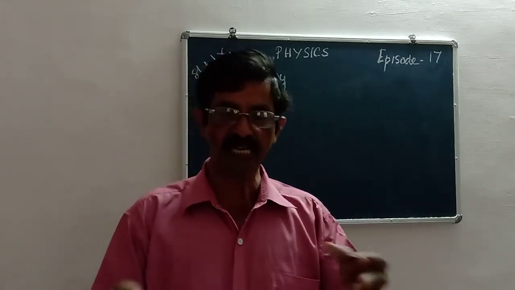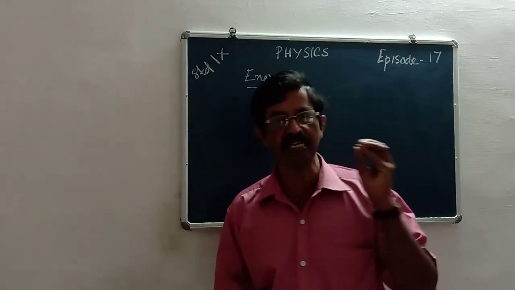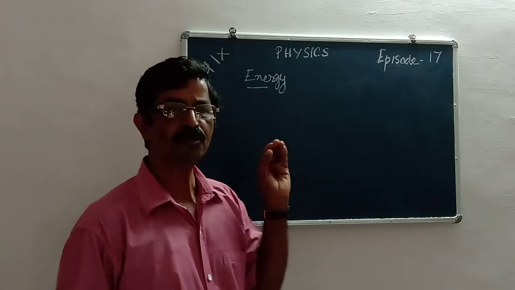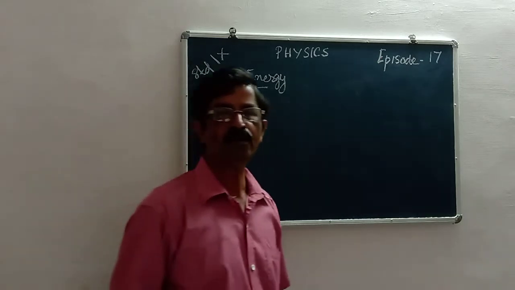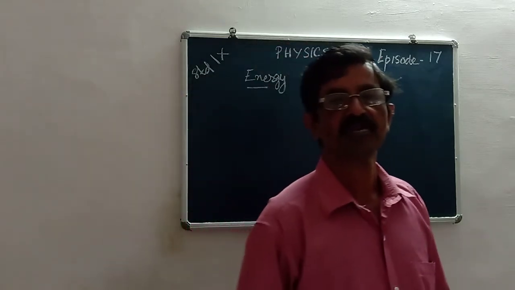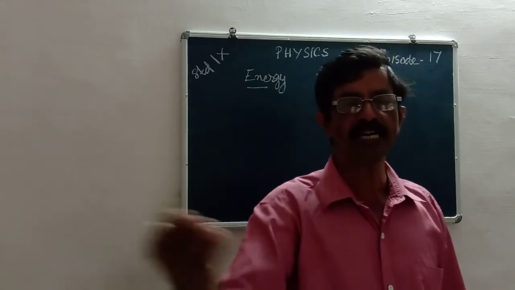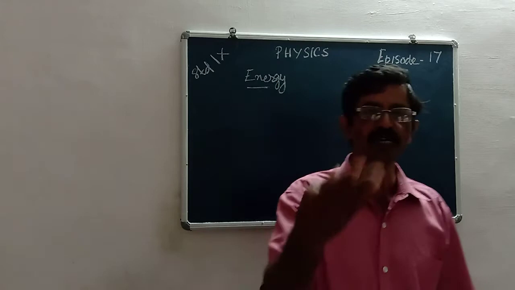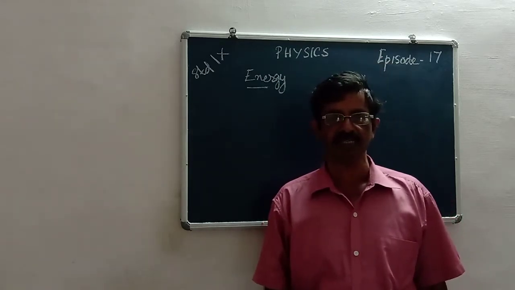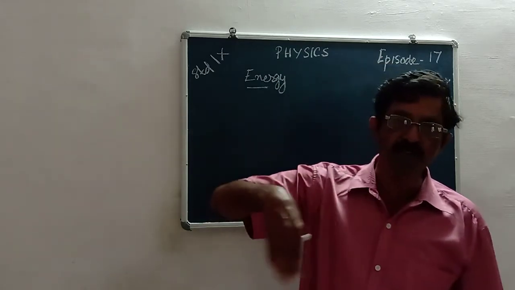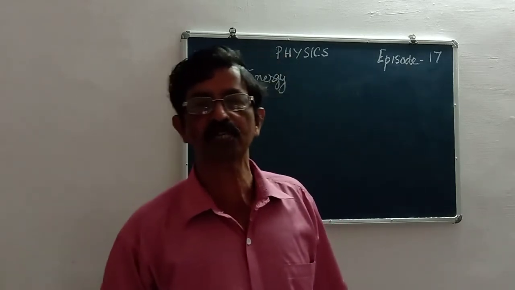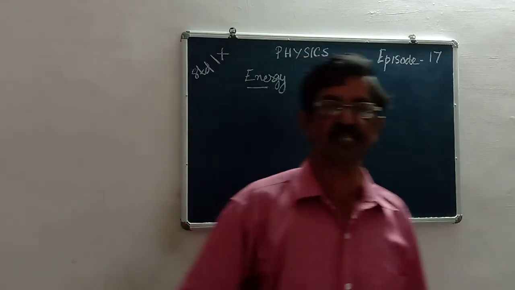But think about the energy concept in science. Suppose a body can exert a force on another object, then the first body possesses energy. So the second body which gets that force, gets energy.